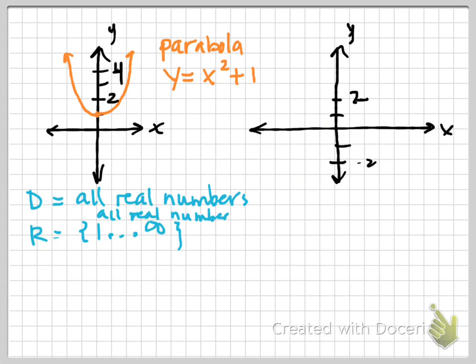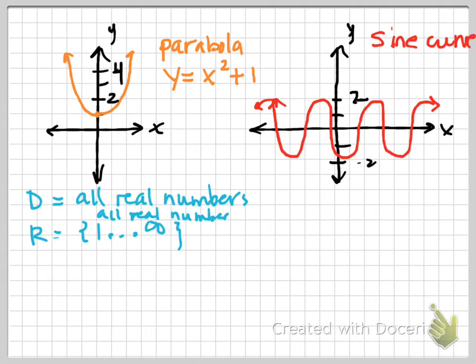Try that again. Okay. Does anyone recognize that from science class? If you guys talk about sound waves, yeah. Okay, this is what they call a sine curve. The equation would be something like this. It's a trig function.